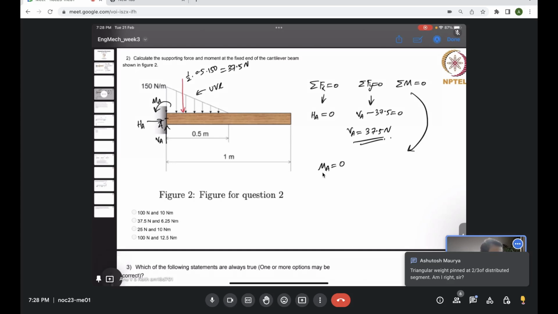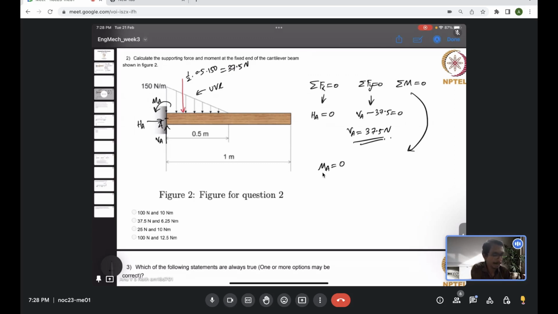Yes, the resultant of the UVL is acting not at 2 by 3rd, it's actually acting at 1 by 3rd from the fixed end. I will explain that. It should pass through the centroid of the area. That's the basic concept.